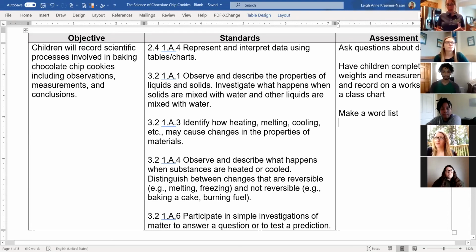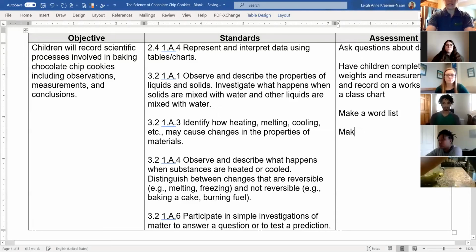We can use one of the apps on the iPads in the classroom, a story building app, and do kind of this is the book of our chocolate chip cookies. So we put a picture, we put some of those observational words, we put some of those predictions, and we can take pictures. I could even, as the cookies were in the oven, put on the oven light and go over and do that. So we could take photos and make a class book.